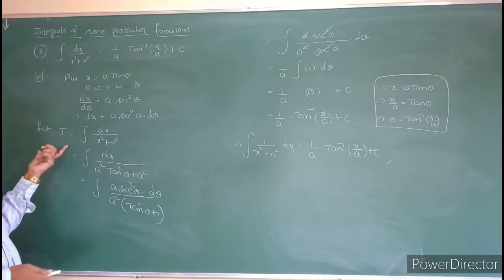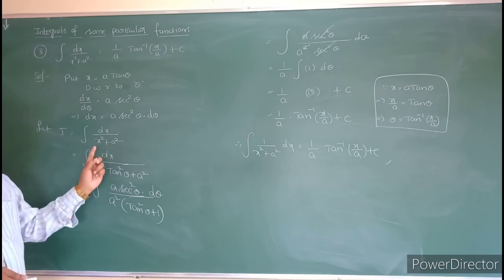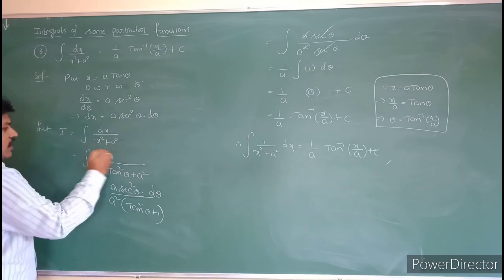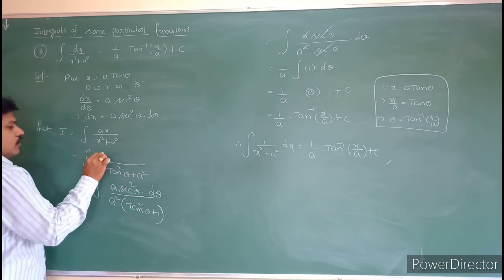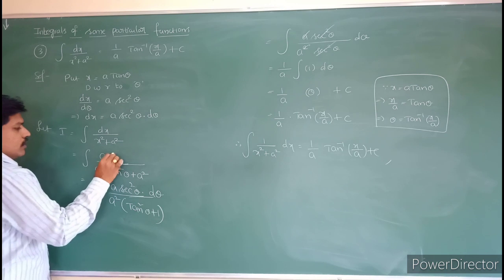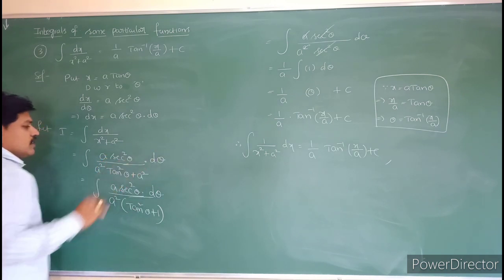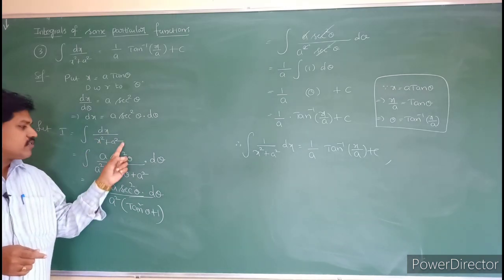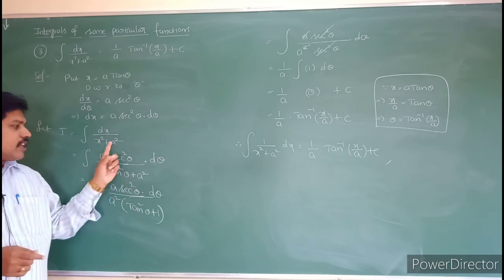Take the problem as I equal to the integral of dx by x square plus a square. Here we change the dx value into theta: a secant square theta d theta by x square, which is a square tan square theta plus a square.